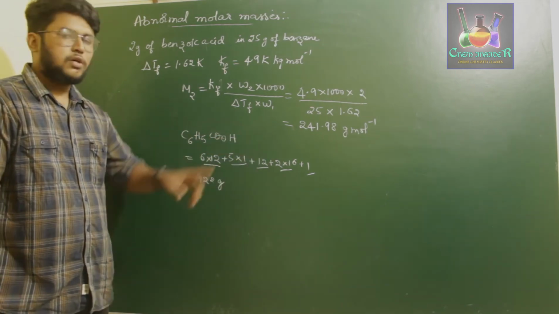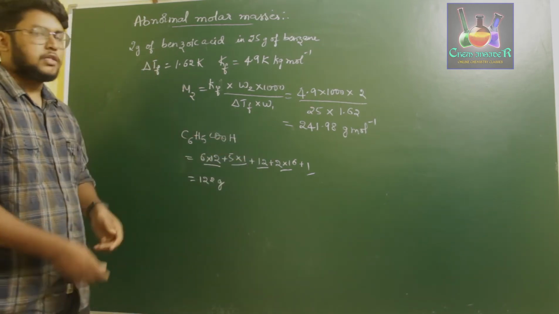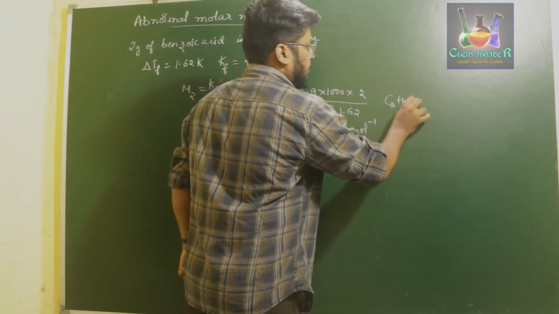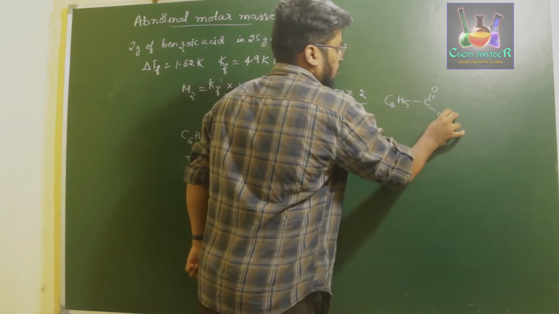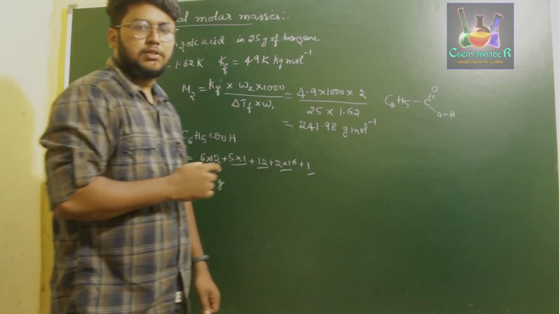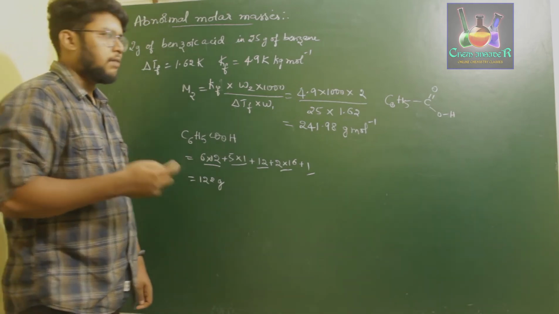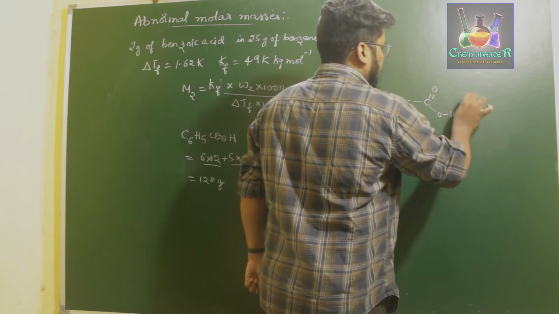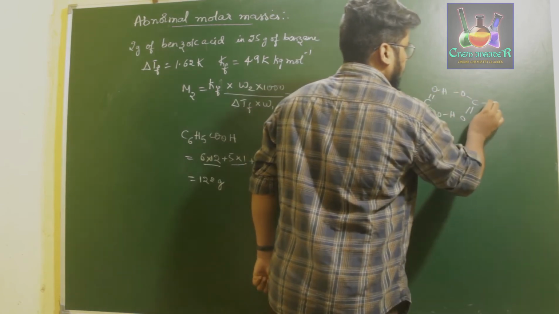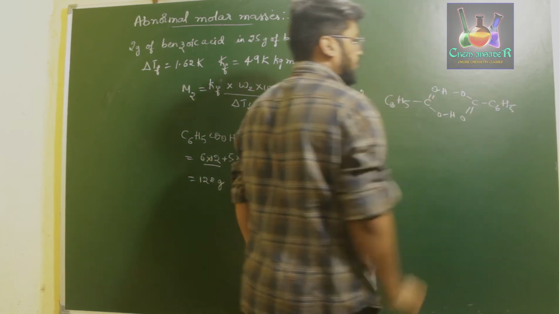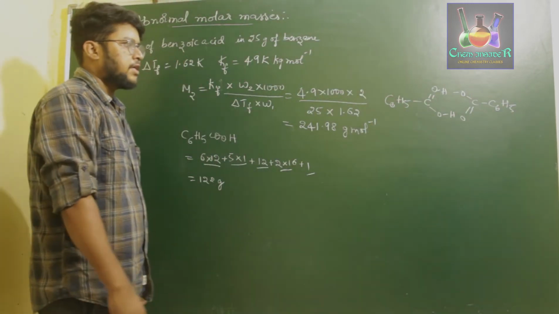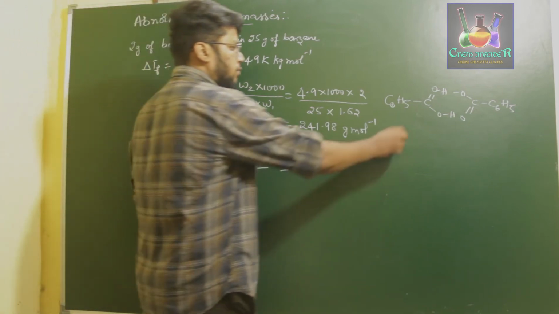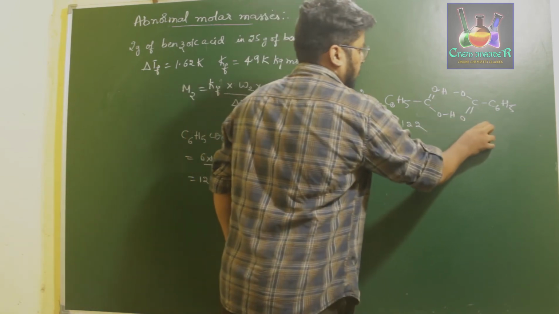In the case of benzoic acid, C6H5COOH dimerizes to form a dimer. Since this type of dimer is formed, the molecular mass will be double. So this is 122 and this will be 122.